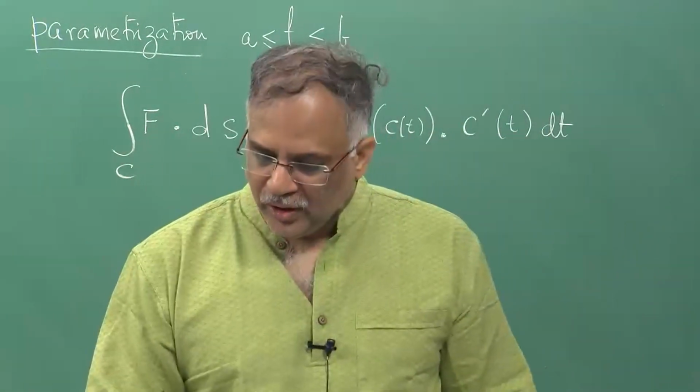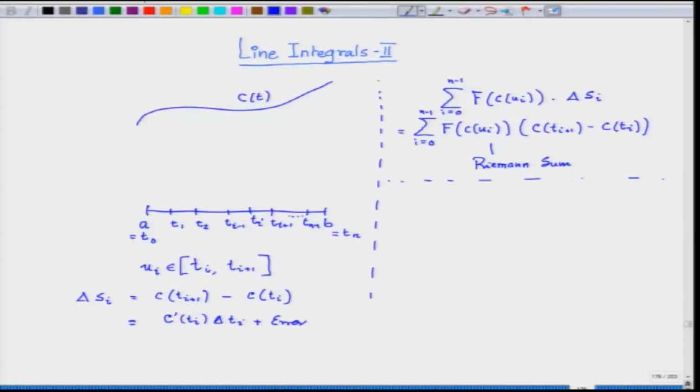So, what I am doing here is like this. Your C(t) is expressed as a row vector (x(t), y(t), z(t)), points on the curve.